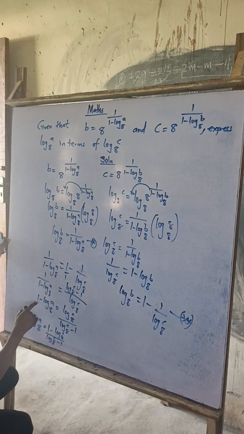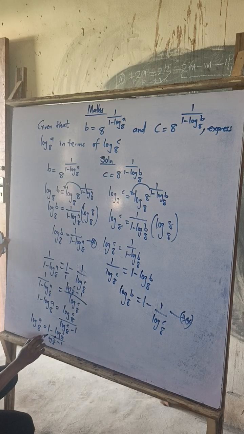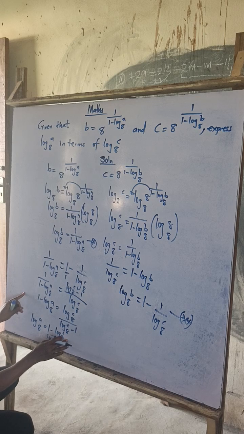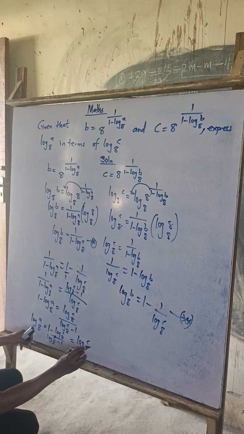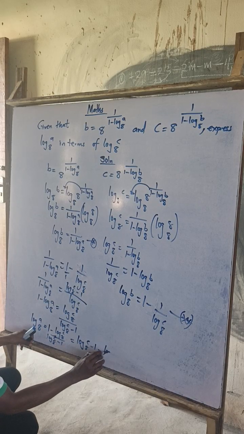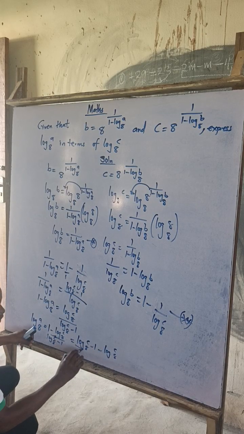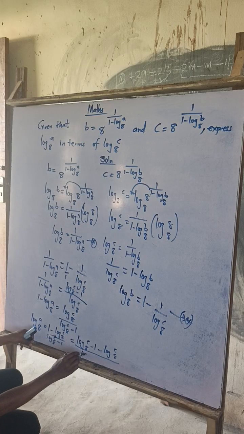Then taking the 1 and combining, we have log c to base 8 minus 1 minus log c to base 8 divided by log c to base 8 minus 1.